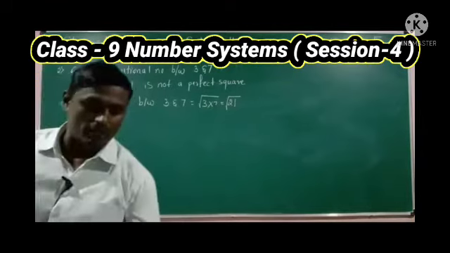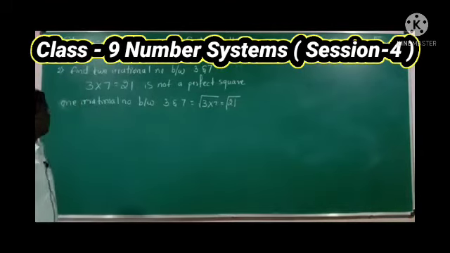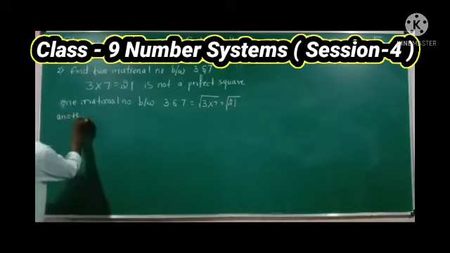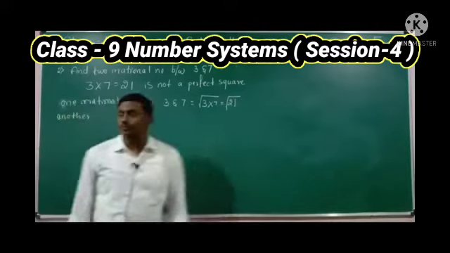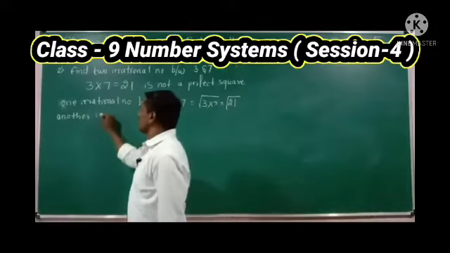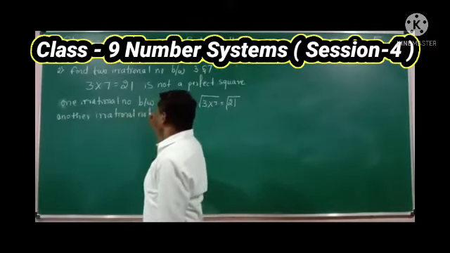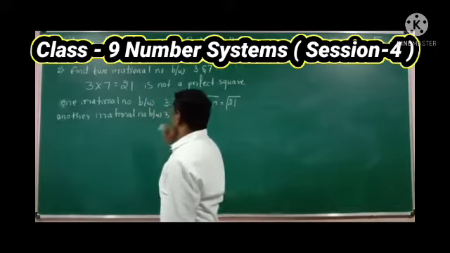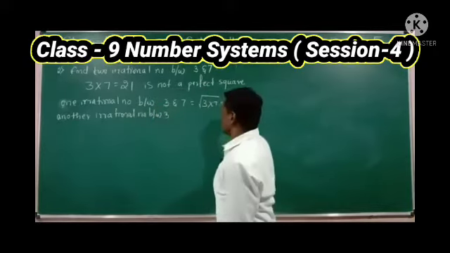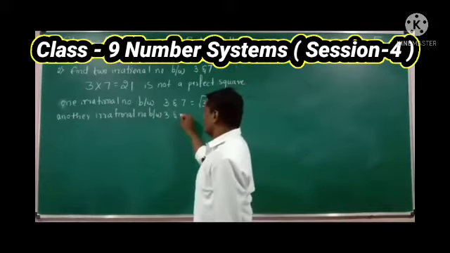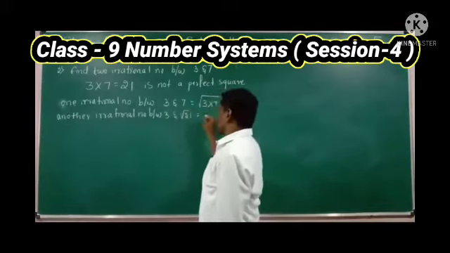So root 21 is the one irrational number. Next one, another irrational number between 3 and, since we already have one irrational number, that is root 21. So 3 and root 21.